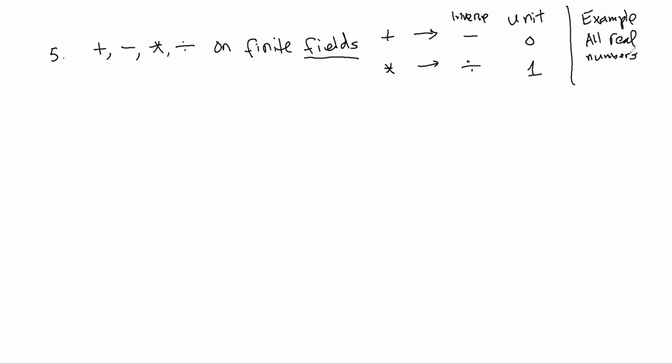But in our case, we don't want to deal with all real numbers because in a computer you cannot represent all real numbers; what you can do is just an approximation. So we want finite fields instead.